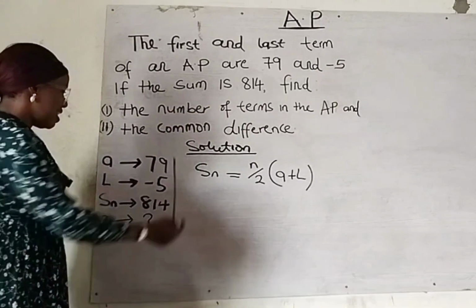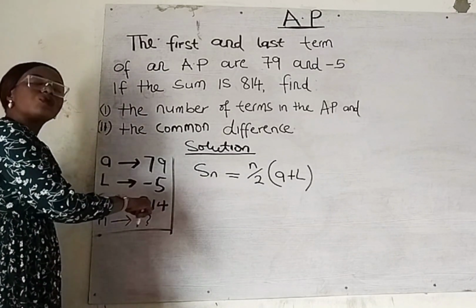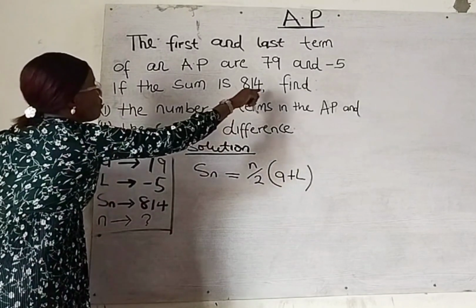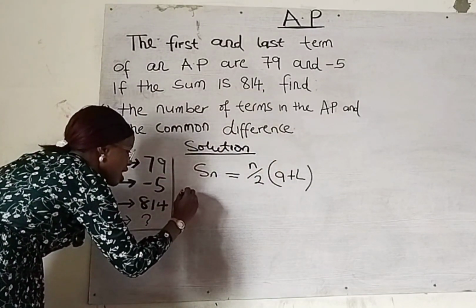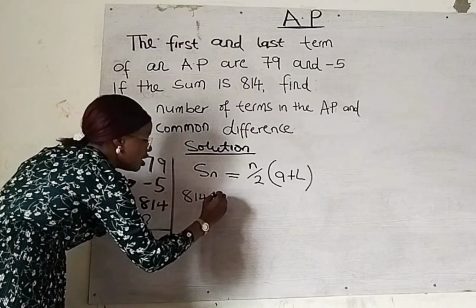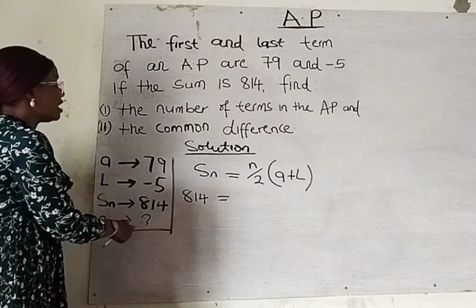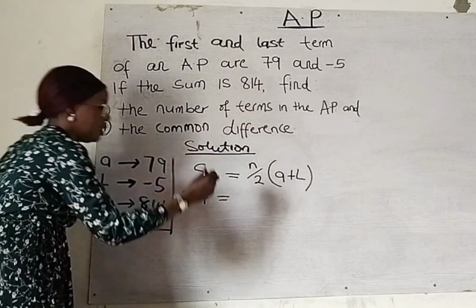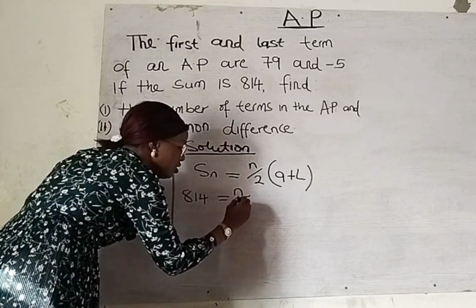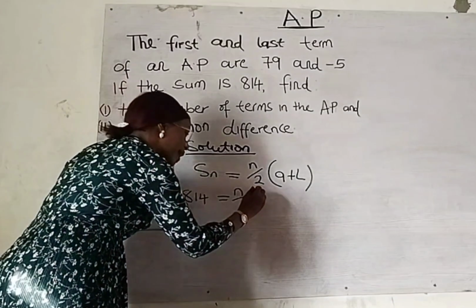And we go. Sn, according to the question, is 814. They told us that the sum is 814. So I write 814 is equal to n. We don't know, we are looking for the n, that is the number of terms. So we still write n over 2, that is in the formula. Open bracket.